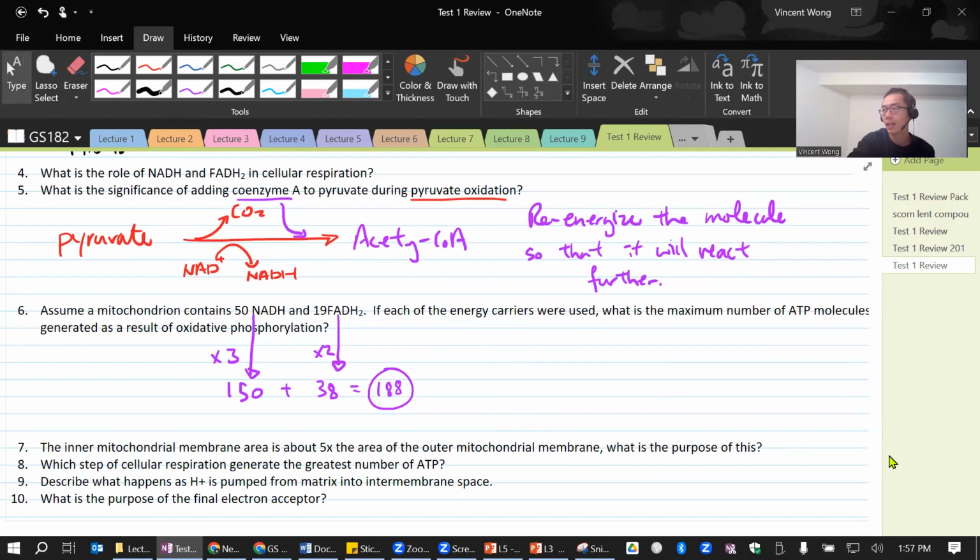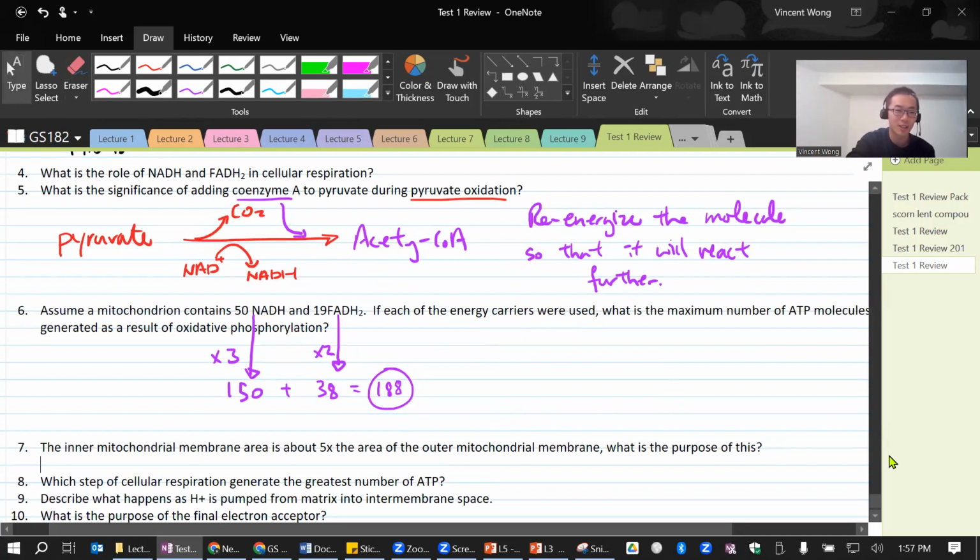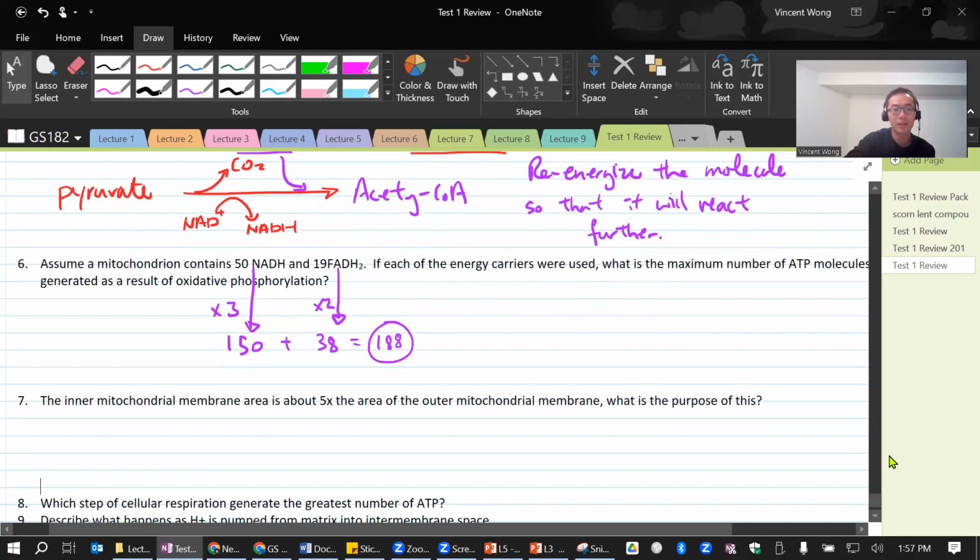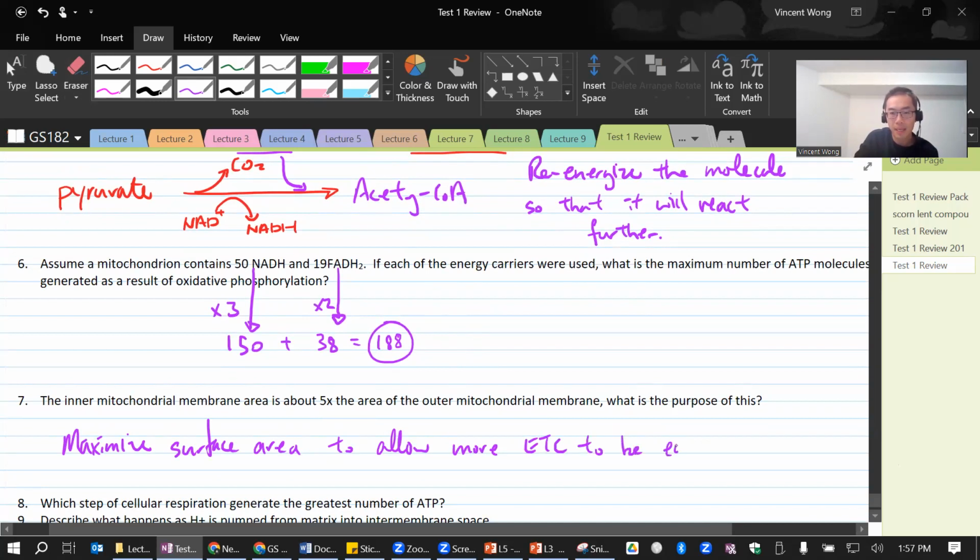Finally understand this, okay, great. The inner mitochondrial membrane area is about 5 times the area of the outer membrane, right? Because it folds up into the cristae, right? And the purpose of this is to maximize surface area to allow more ETC to be embedded in the cristae.